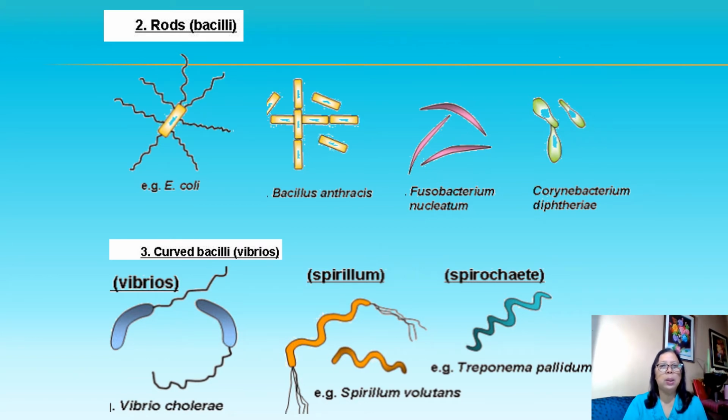This is how it looks like drawn under the microscope. You have the Fusobacterium nucleatum, and then you have also the Corynebacterium diphtheriae for the disease diphtheria. It is still rod shape in a sense that although they have different sizes in both ends, they still form one rod shape.